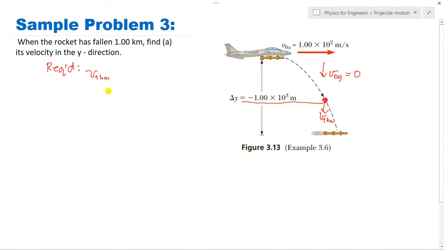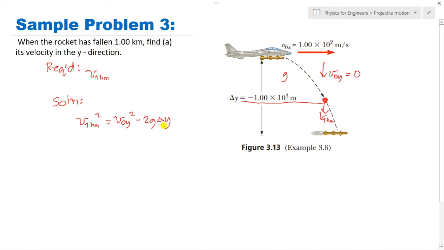Now, of course, syempre, we have g here. We don't have time. We have initial velocity of y, which is 0. So, find a kinematic equation that doesn't have time. So, I think we only have the third kinematic equation, which is the final velocity, or the velocity at 1 km, squared, is equal to the initial velocity of y squared minus 2g delta y.